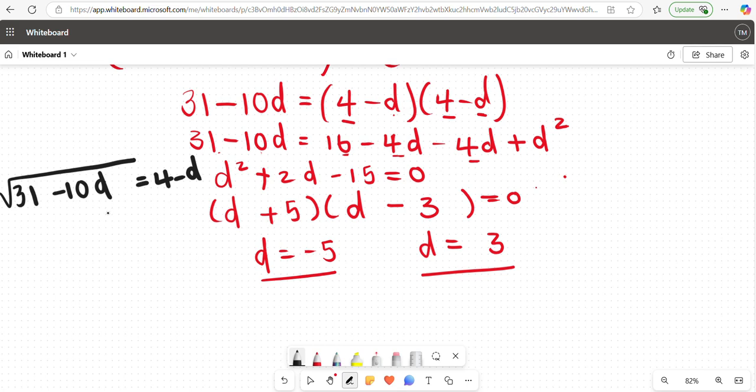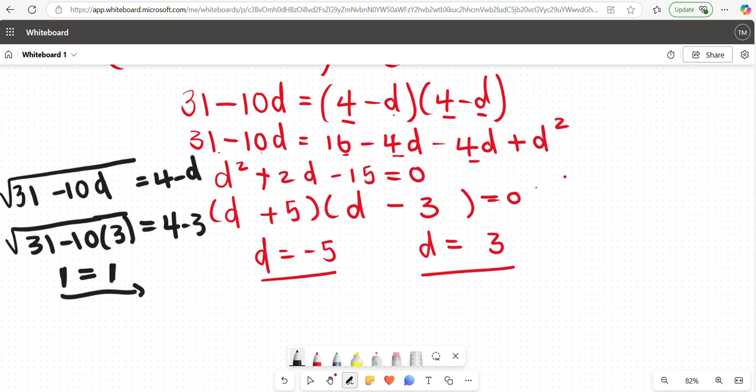So if I substitute 3, I end up getting square root of 31 minus 10 open bracket 3, and I'm trying to see, is the left hand side going to give me the right hand side? 10 times 3 is a 30. 31 minus a 30 is a root of 1, and the root of 1 is just the 1, and a 4 minus a 3 is a 1. So that one works. This one definitely works.